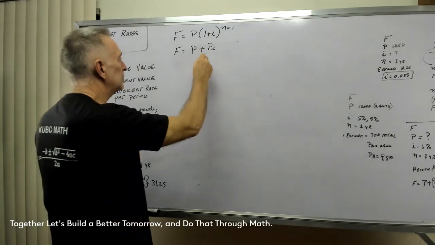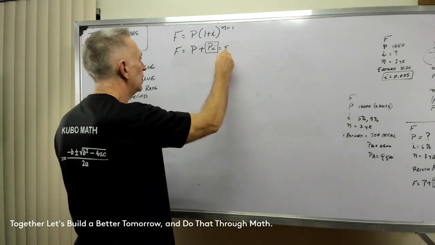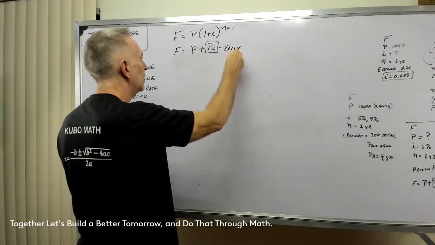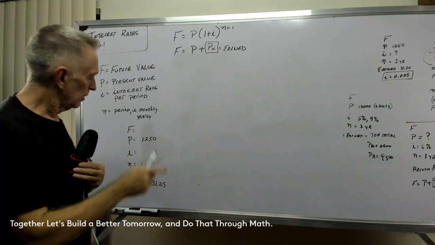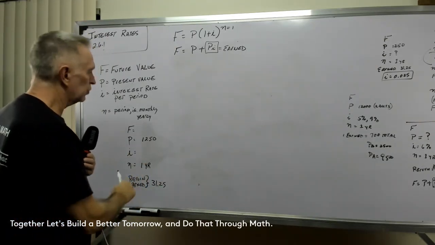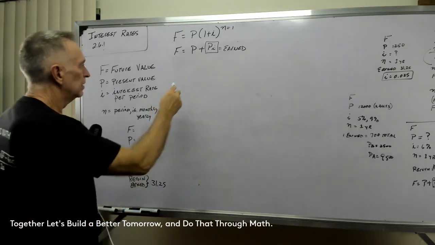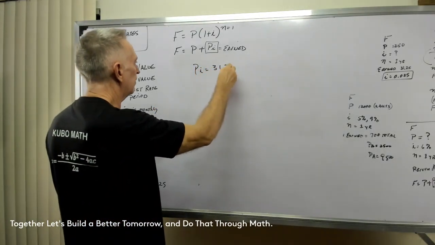But P times i, that's my earned, the money that I've earned by interest. So let's go back to this problem. They earned $31.25, so Pi equals $31.25.